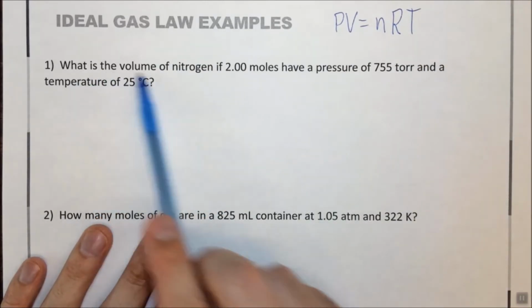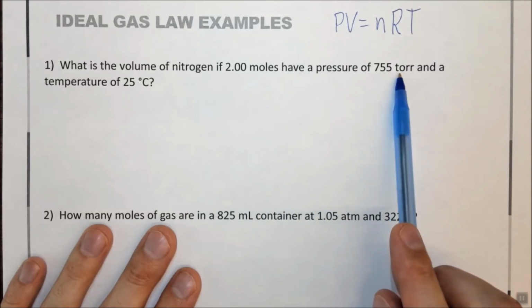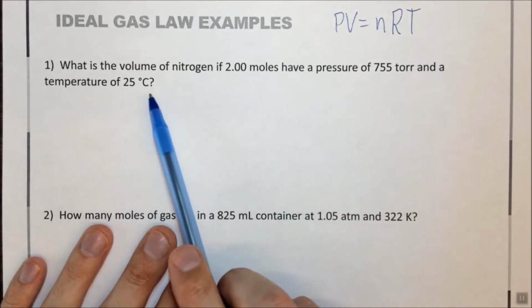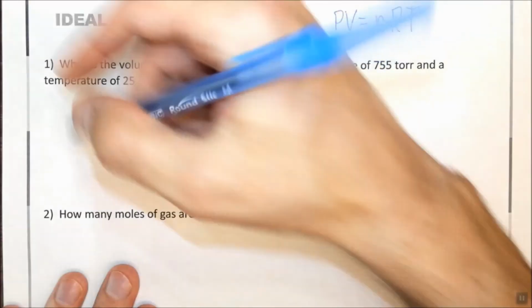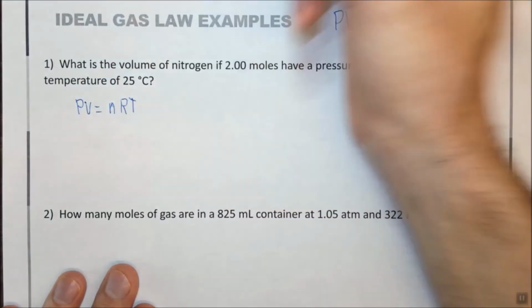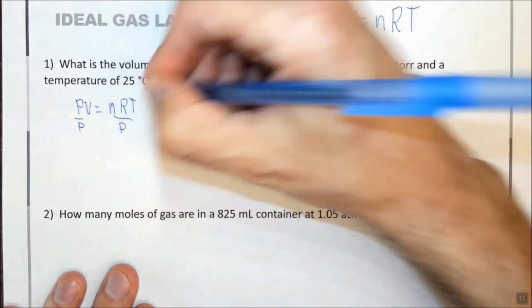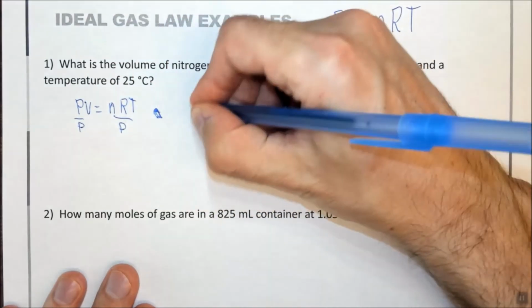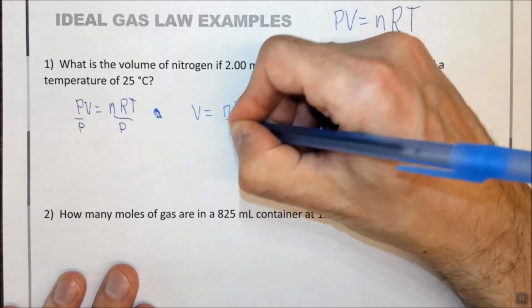It says, what is the volume of nitrogen if 2 moles have a pressure of 755 torr and a temperature of 25 degrees Celsius? So if we start with PV equals nRT, and we're trying to solve for V, so we divide by P, we find that volume equals nRT over the pressure.